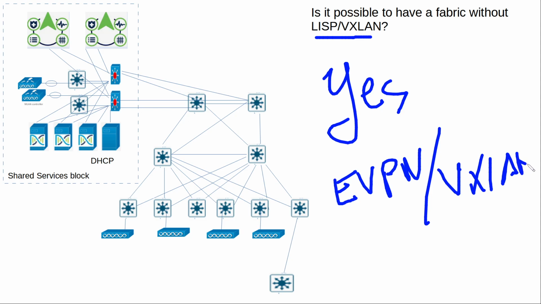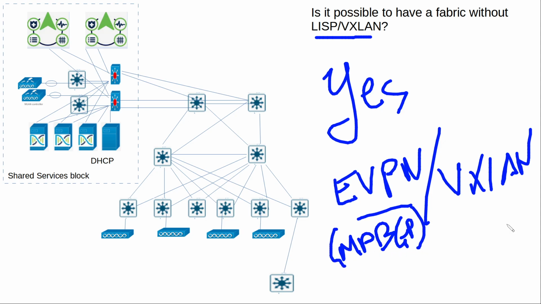So in this case, they are not running LISP in the overlay as the control plane. They are running this other standard protocol that is based on multiprotocol BGP. So this is a way of doing this without going for the Cisco solution.